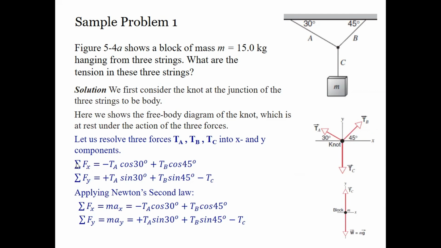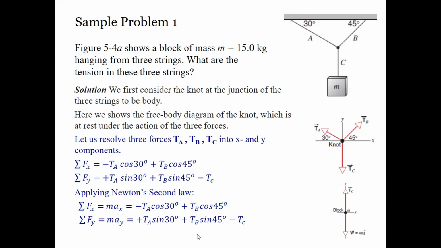Once we have done this, that the net forces have been found, then the net force along the x direction is equal to mass times acceleration, and the net force along the y direction is the mass times the ay. So this sample problem up to this point is clear to us.